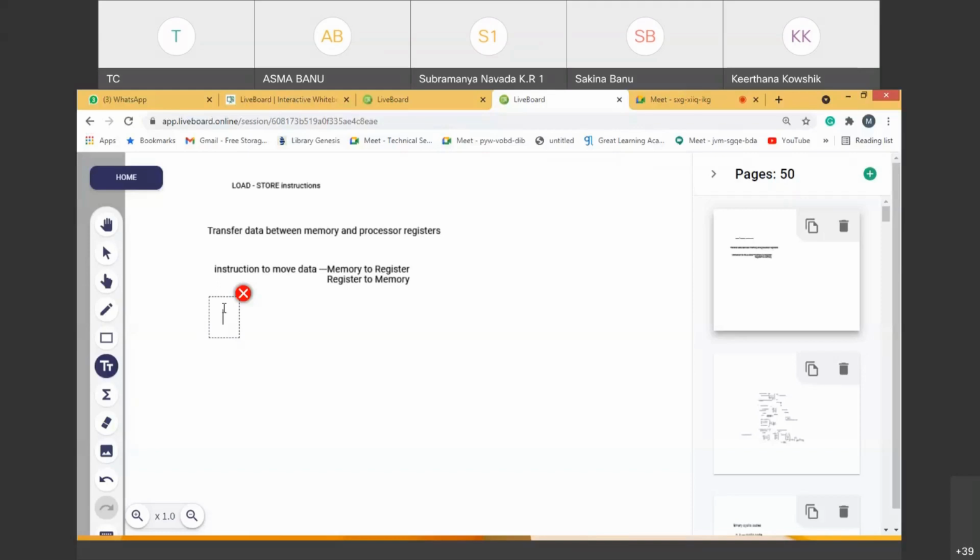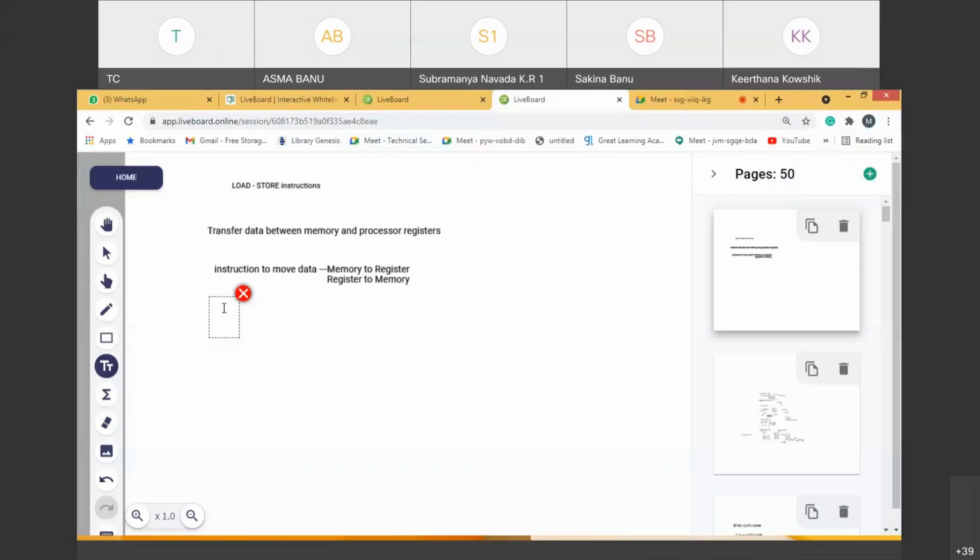So only two instructions are available. I'll name them: load register, LDR, loads the register from the memory. LDR is nothing but memory to register. STR, store the register, stores the contents of the register onto a memory location.